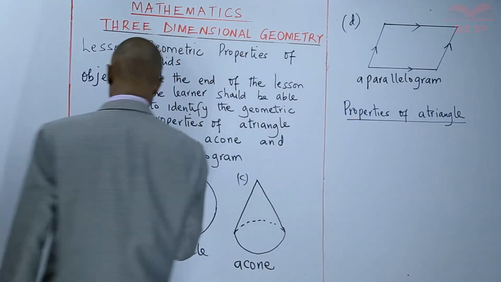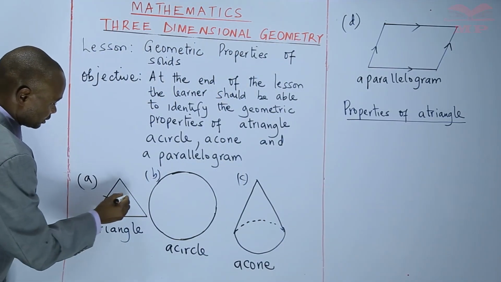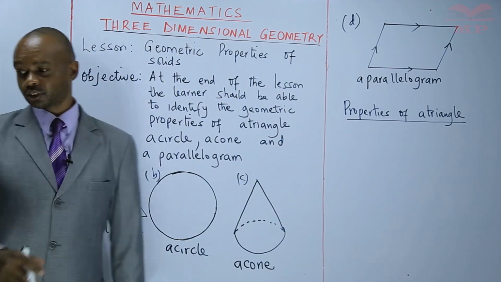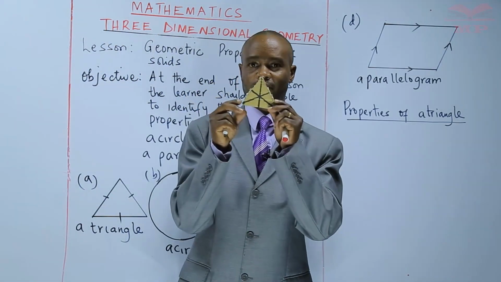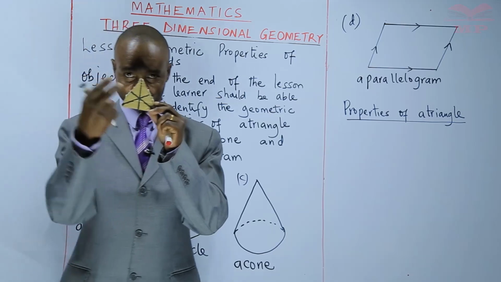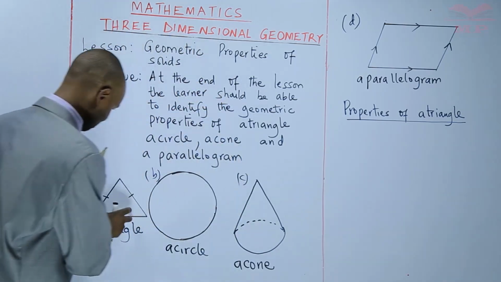In our case here, we can use an equilateral triangle. So if you have a triangle, you have it this way. I'm trying to use these because I'm able to pick it from the board.